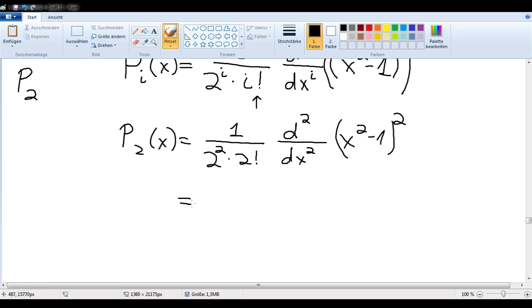So if we simplify that, we get 1/8. Now let's take the second derivative of this. Well, let's take the first derivative. First of all, we'll use the chain rule. We get 2 times x squared minus 1.